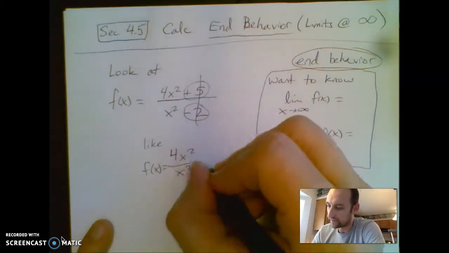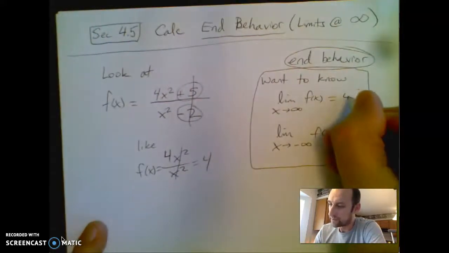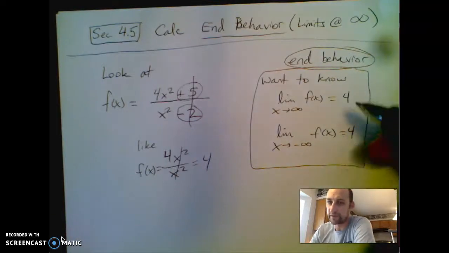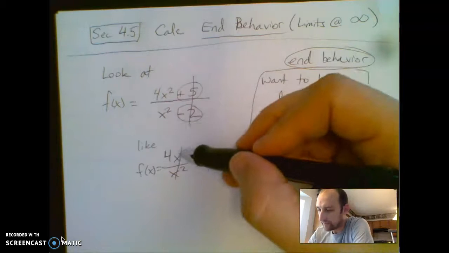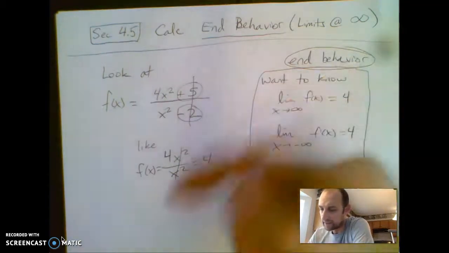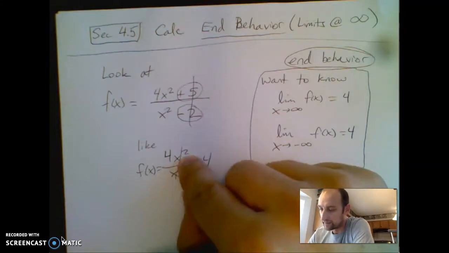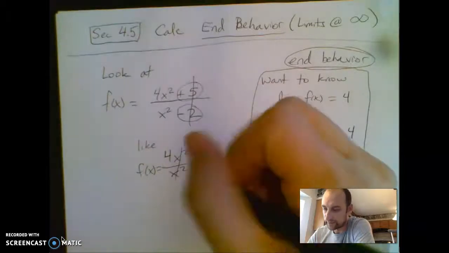And if I reduce that fraction, top and bottom cancel, and you get 4. You do have to be kind of careful with this before you go and put a 4 on both of these. Double check in your brain, like before you canceled out. If I put a big negative number in there, the top would turn positive, right? If I put a big negative in there, the bottom would turn positive.